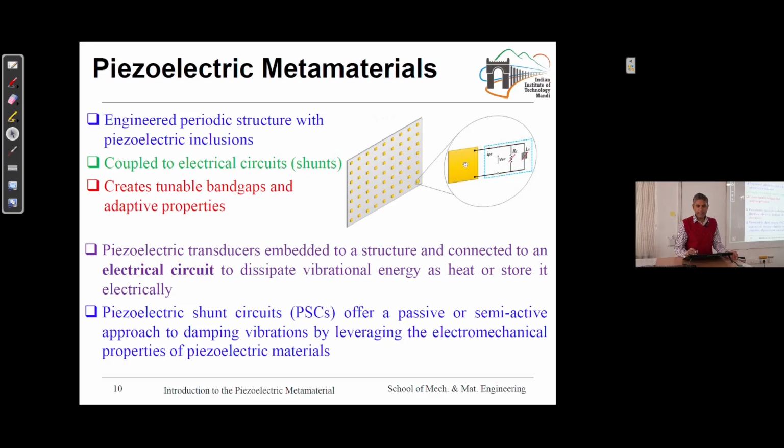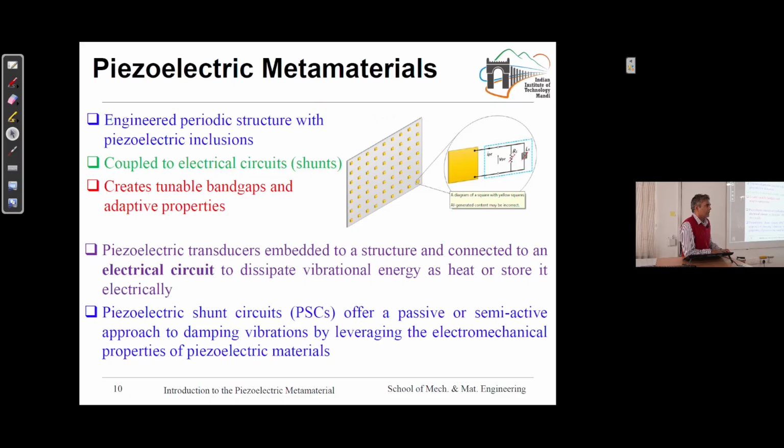So we have capacitor, inductor, and resistance, so we have the shunt circuit. Suppose we have vibrations and hence vibration waves. Because of that, this piezoelectric material will have energy. That energy can be changed into heat energy with the help of this RLC circuit, right?